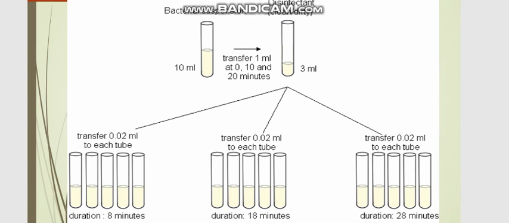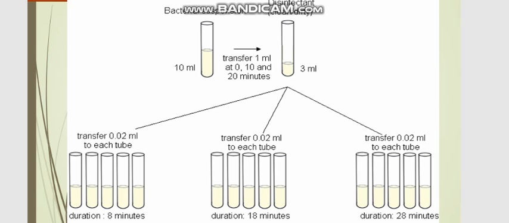In the second step, after 18 minutes, again we will add 1 more ml of bacterial suspension to the initial solution, in which there was 3 ml of disinfectant and 1 ml of bacterial suspension.